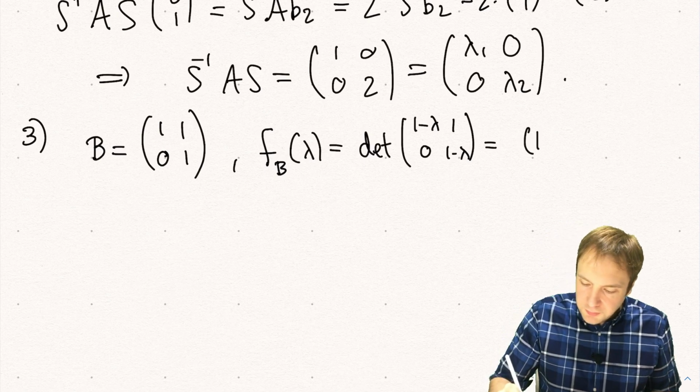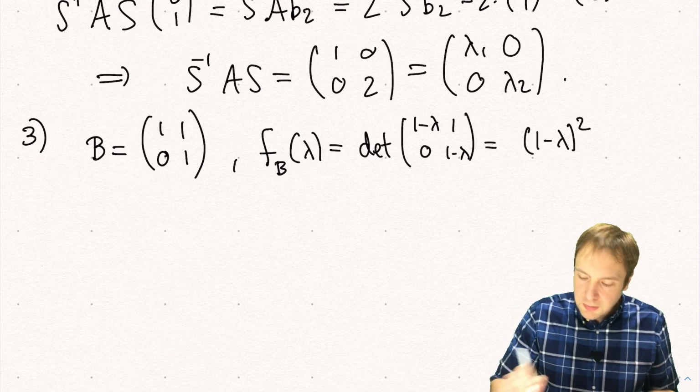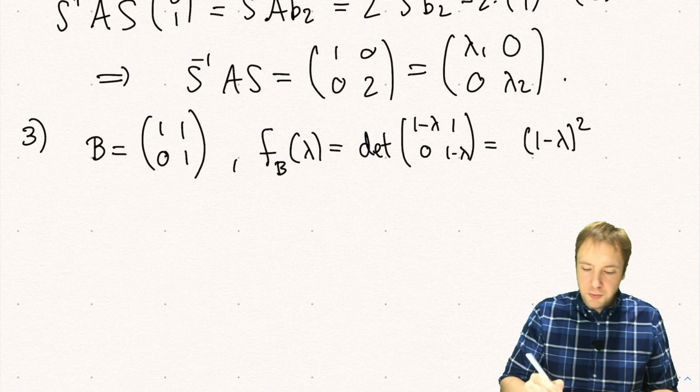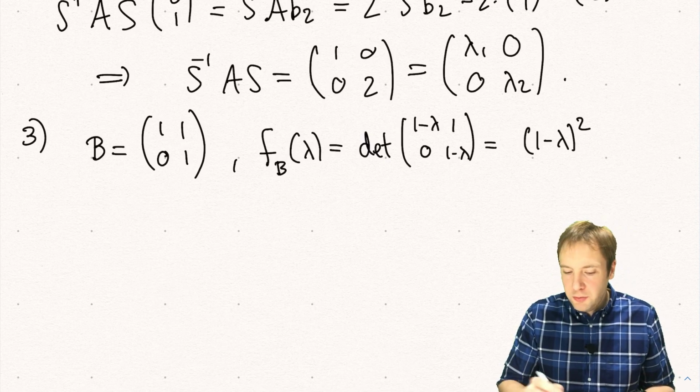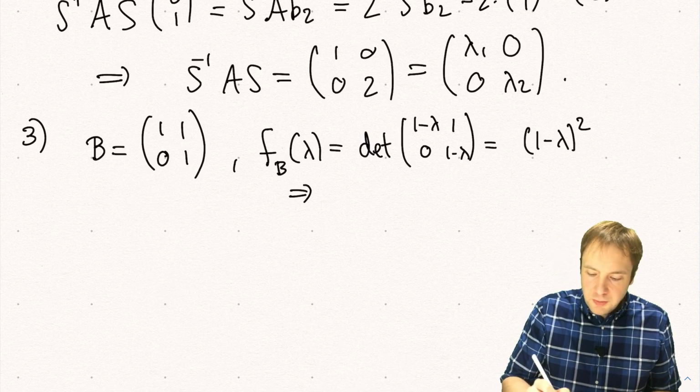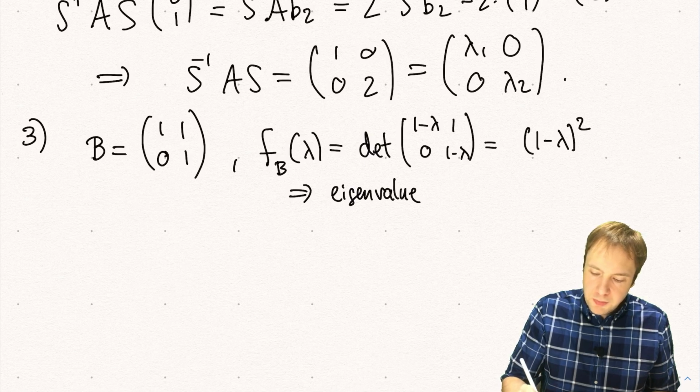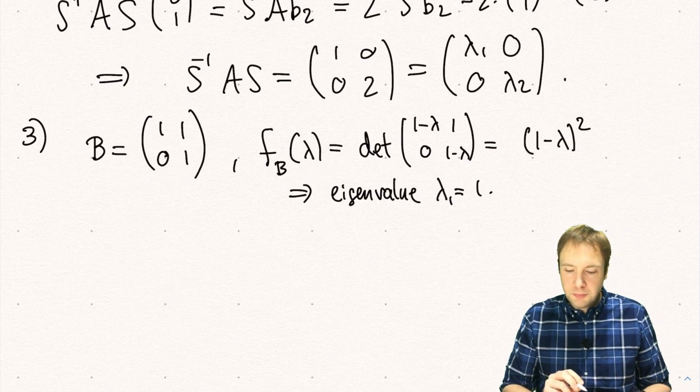And you see this is 1 minus lambda squared. So there's one zero of this polynomial, I just have lambda 1, which is in this case 1.